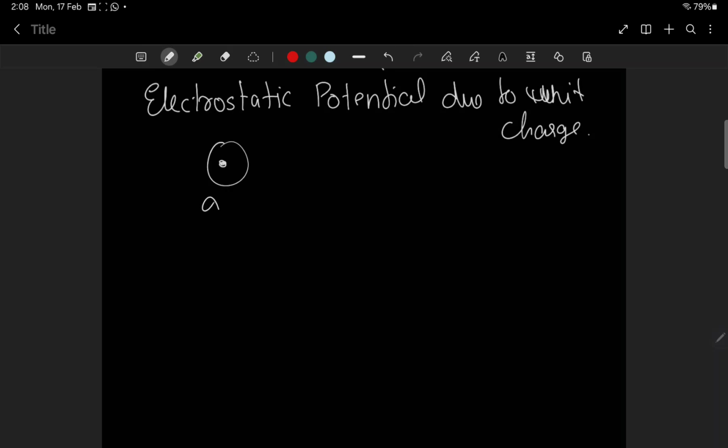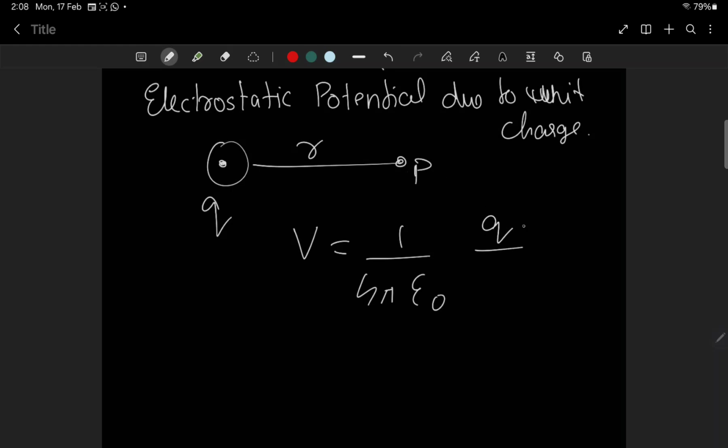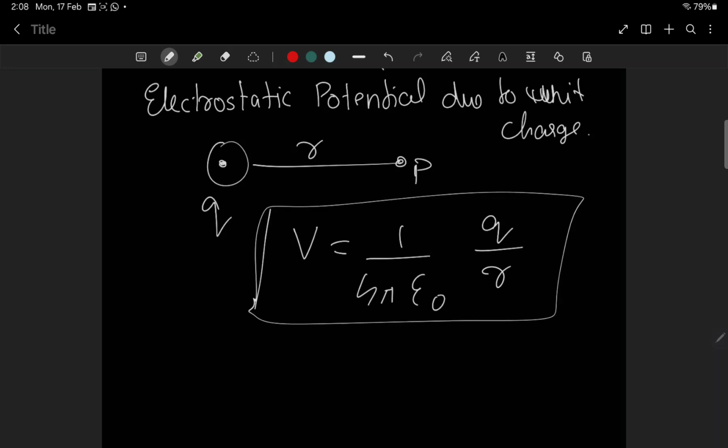That is, I am taking a charge Q here to find the electrostatic potential at this point P. Distance is R. The electrostatic potential is given by V equal to 1 by 4 pi epsilon 0, Q by R. This is the formula for the electrostatic potential due to a point charge. Got it? That's about it. That is important.